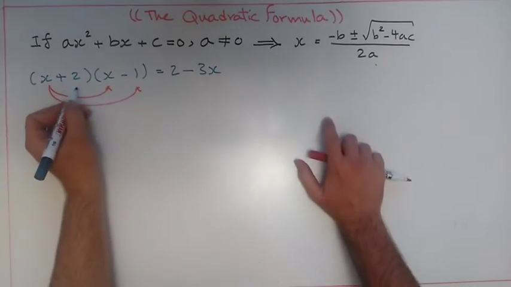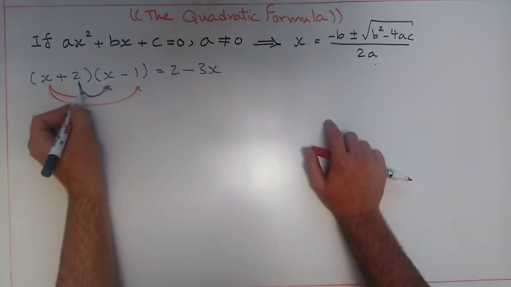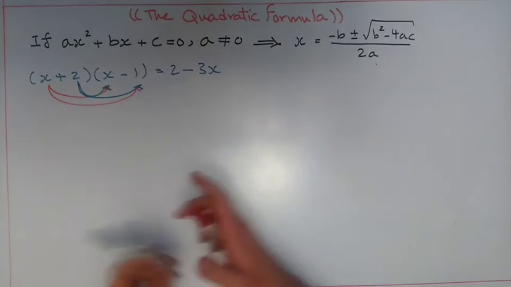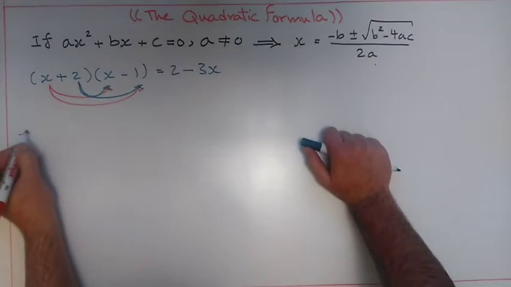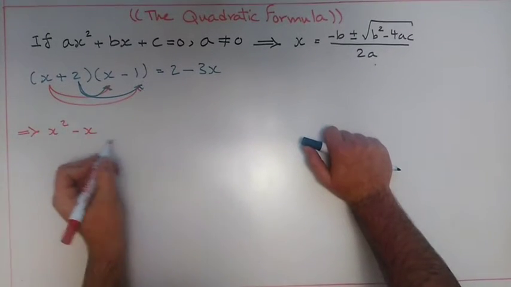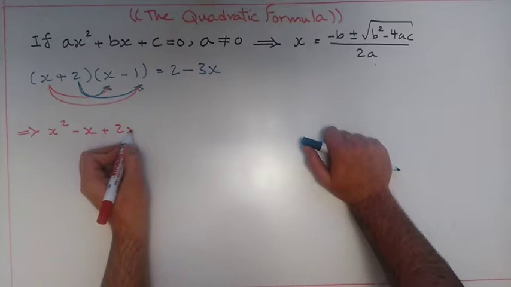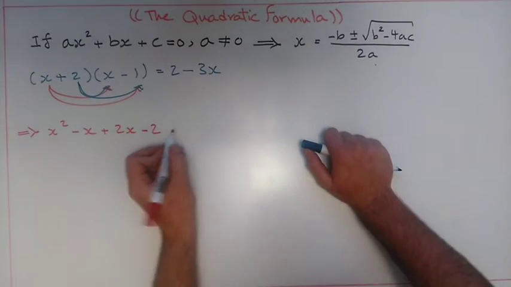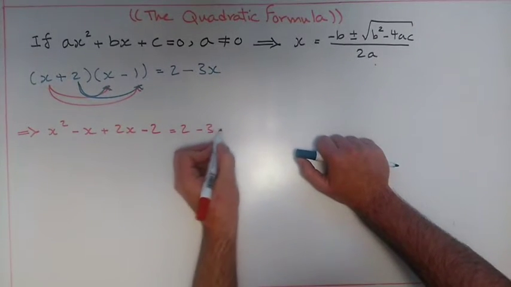Therefore I get x squared minus x plus 2x minus 2 equal to 2 minus 3x.